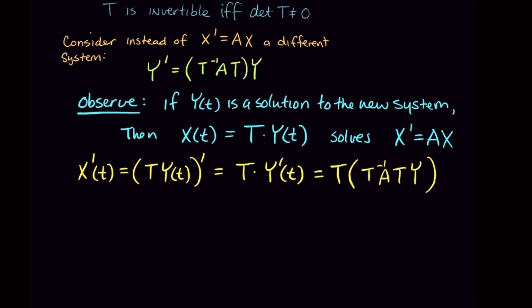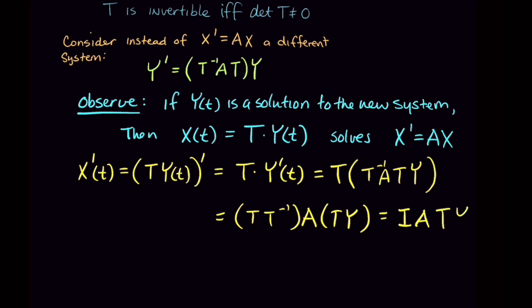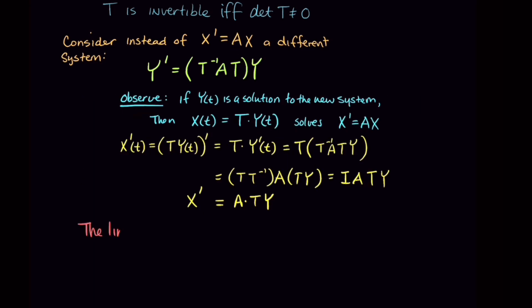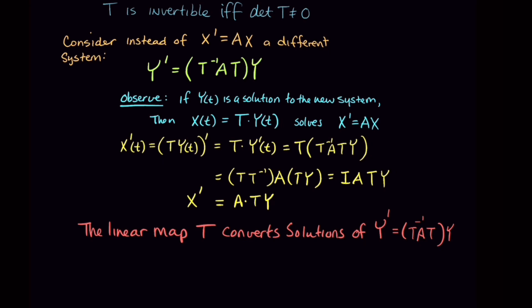And this is where that form of the matrix that looked really weird to begin with now shows its usefulness. When we start multiplying things through, we get T times its inverse, which gives us an identity matrix on many sides of our calculation. And thus, when we work this down, x prime is equal to the matrix A times Ty. Therefore, the linear map converts solutions of y prime into solutions of x prime.